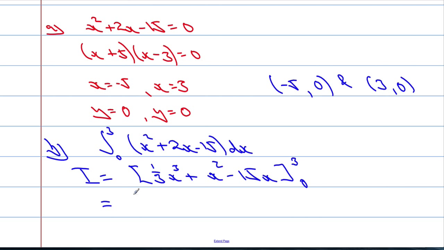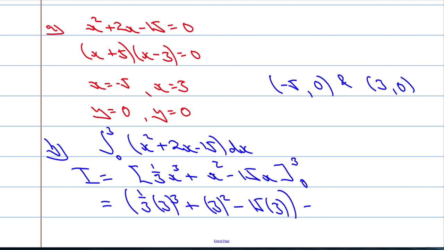What we're going to do is you need to do the upper limit subtract the lower limit, so substituting in 1/3 times 3 cubed plus 3 squared minus 15 times 3, close that and then take away.